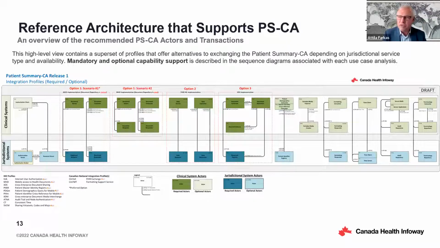You do not have other choices. That's basically what allows people to still design their systems in such a way that represents their local needs, but makes it very clear that if you make a statement that you can support integration of a patient summary, you will have to state which option you are supporting. You can support both, but you cannot support a third or fourth one that doesn't exist in this picture, right? So that's the idea with the reference architecture.